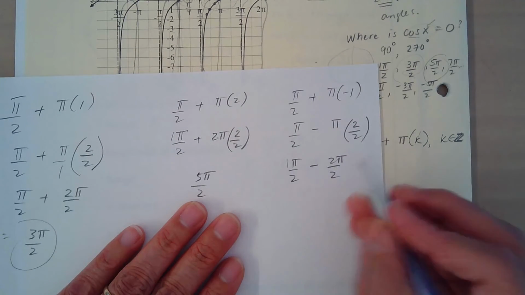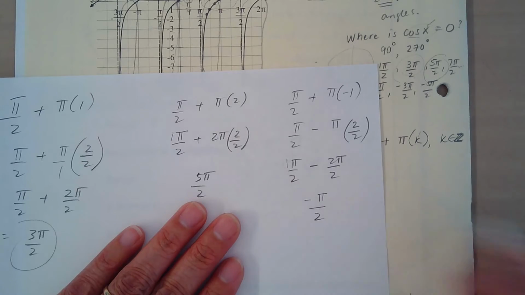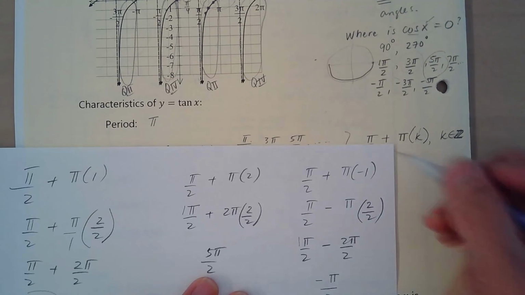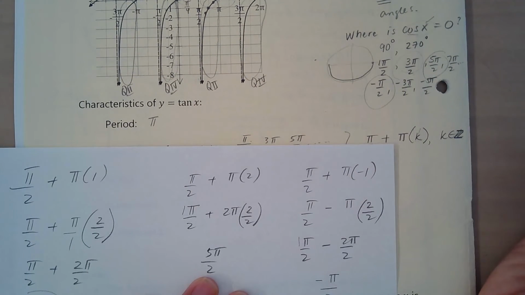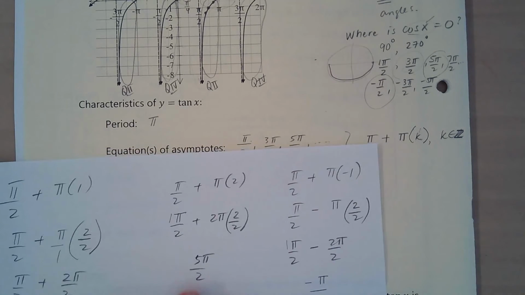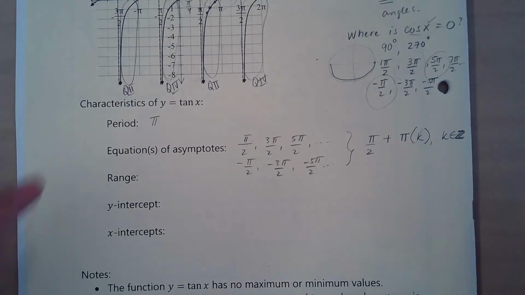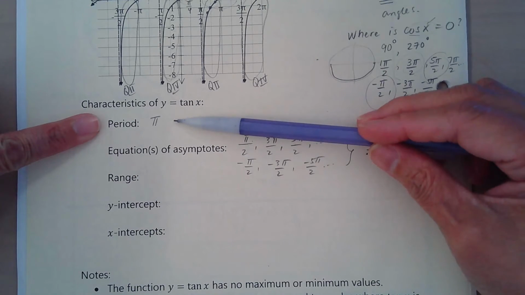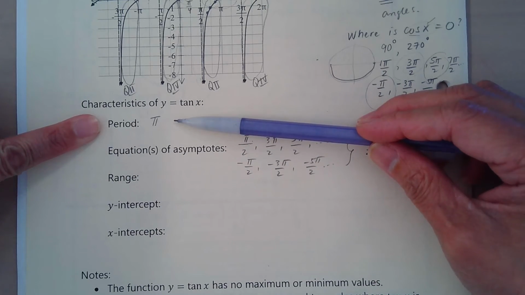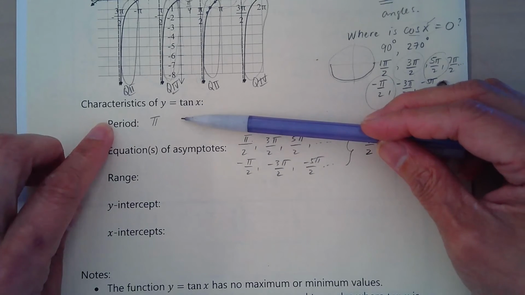Negative 2 plus 1 is negative 1, so negative pi halves. Any questions there? So the period is pi, because it repeats itself every pi radians.